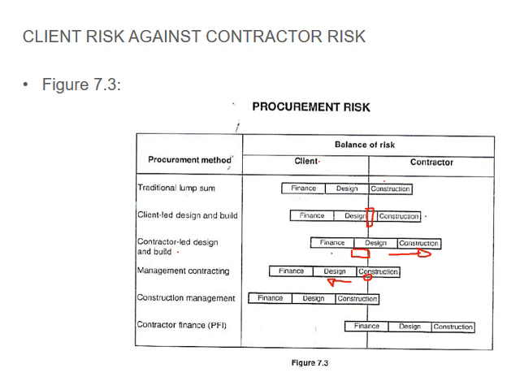Then you have construction management, where the client actually is very involved in the construction process, where most of the risk actually moves towards the client. And then the contractor financed one, just going back to the construction management, this is like developers or so that will fall underneath this type of arrangement.